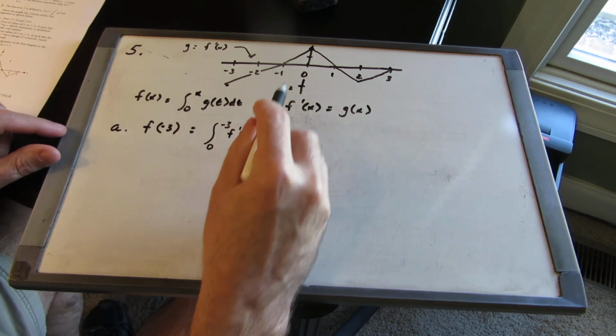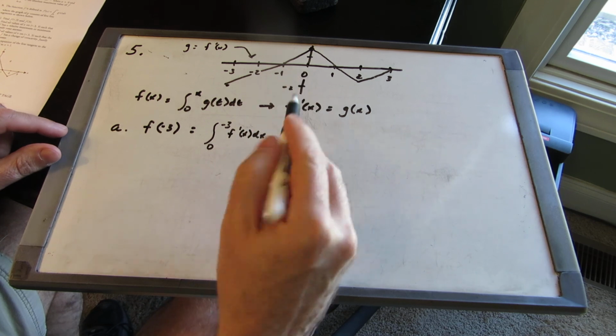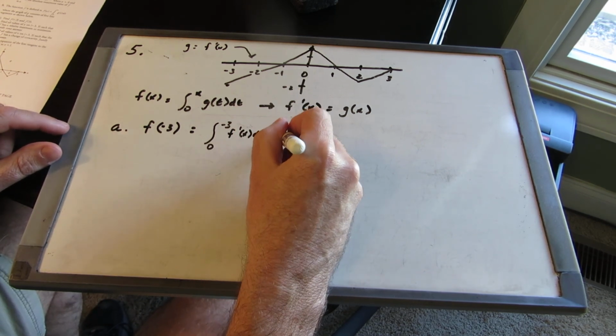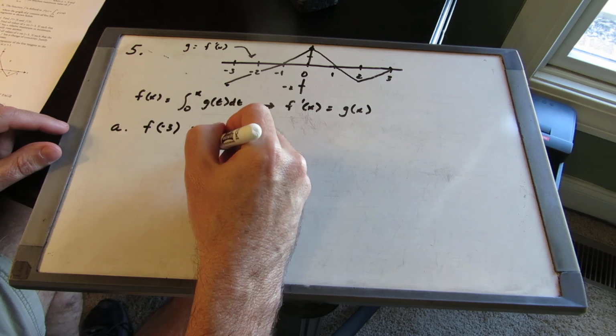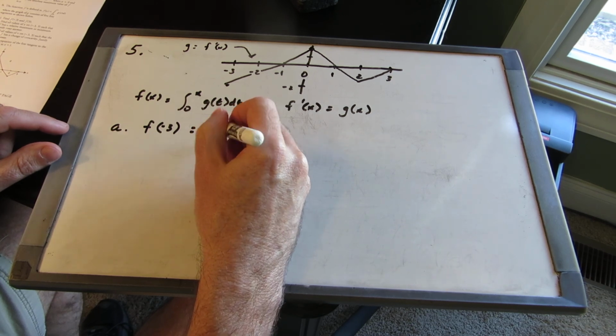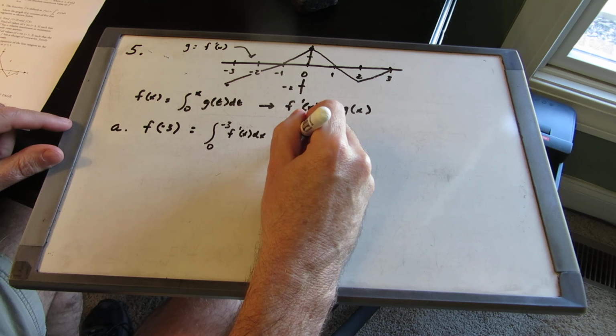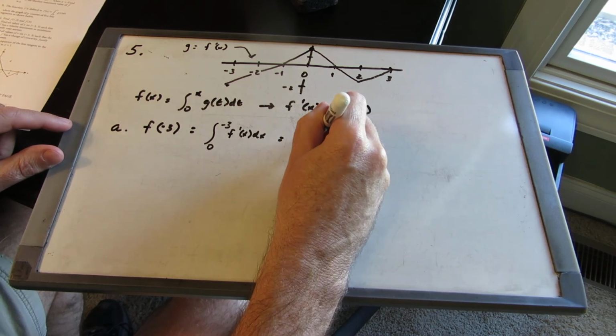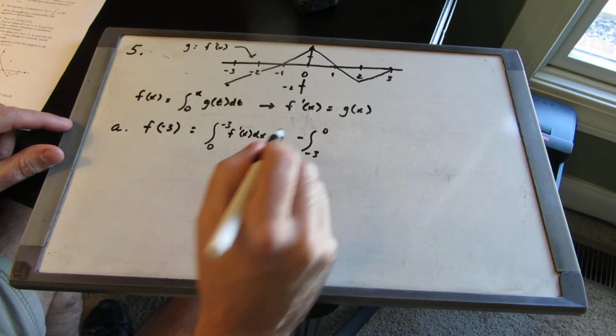So you're going to find the area under the curve from 0 to negative 3. However, you have to put the negative number on bottom. It has to go from smaller to larger number. So in order to flip those numbers, we have to put a negative out front.